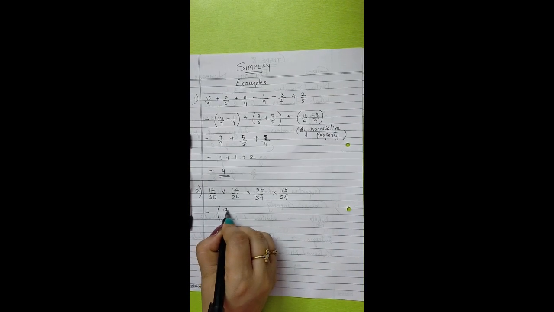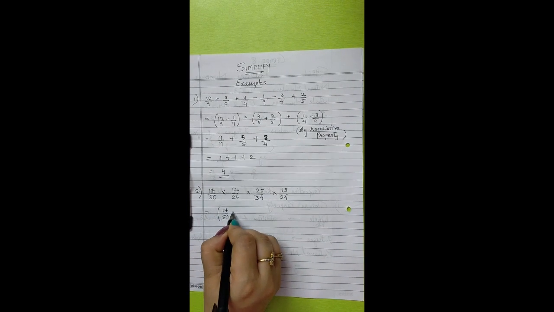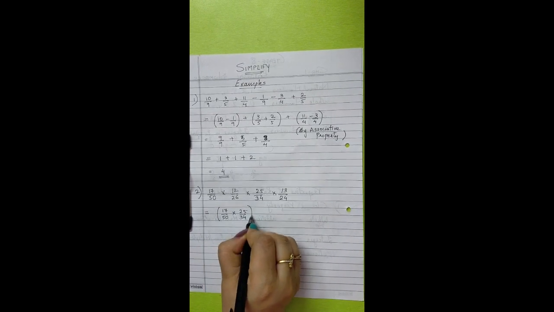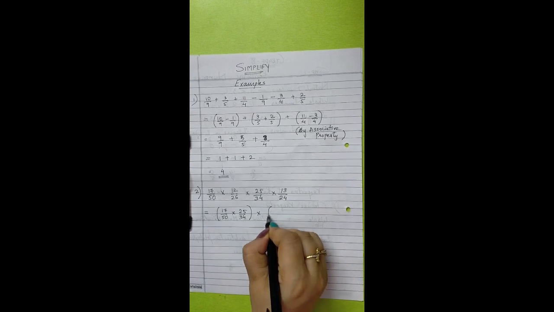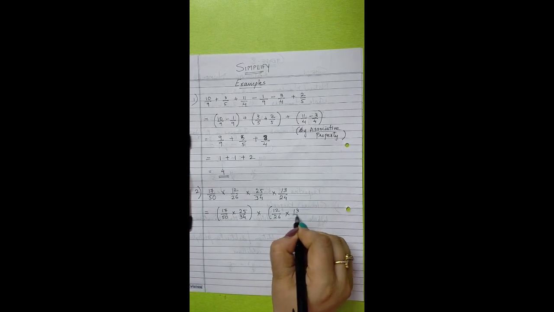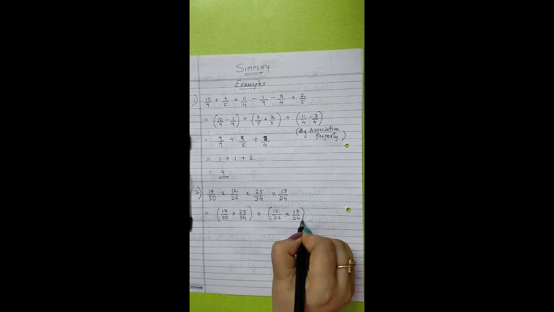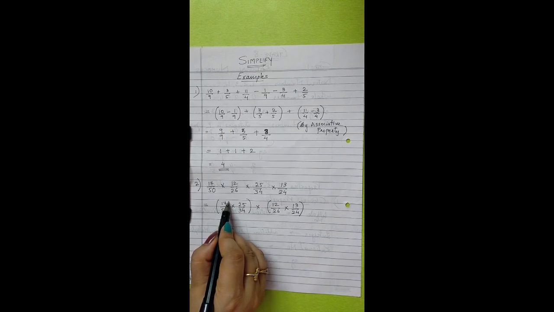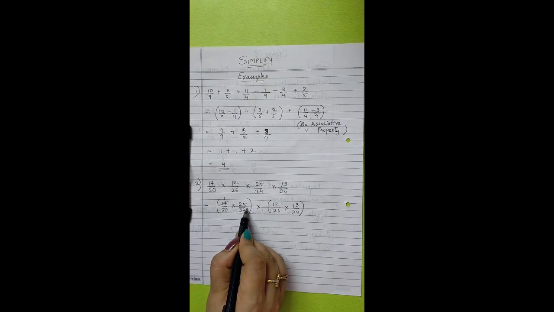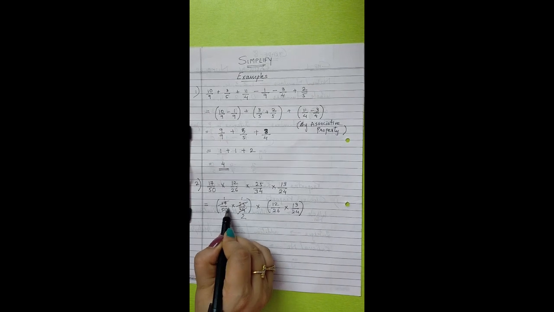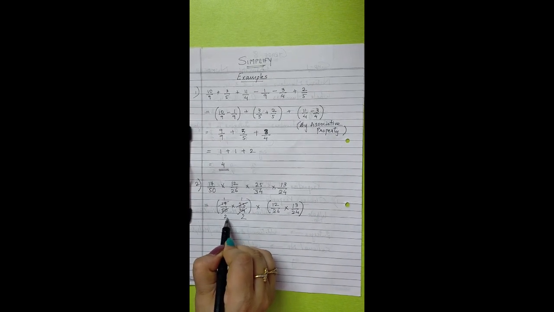So 17 upon 50 multiplied by 25 upon 34 in one bracket, and 12 upon 26 multiplied by 13 upon 24 in another bracket. Here we can do cutting of the numbers. This is 17 ones are 17, twos are 34. Here 25 ones are 25, twos are 50.